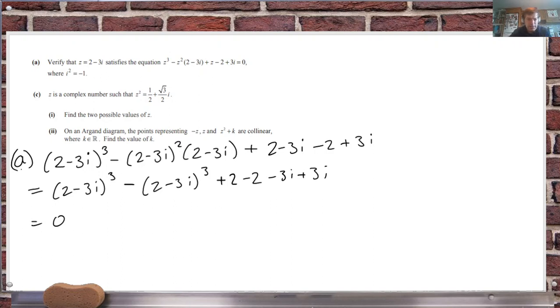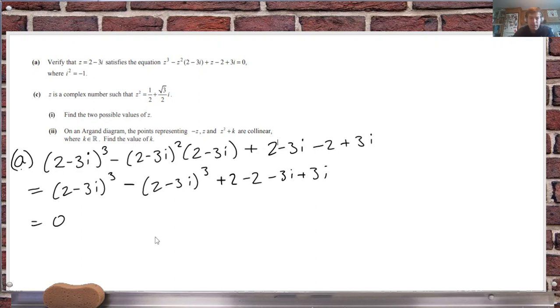Usually the complex number questions don't mix in other stuff. For this particular question, part B was a matrix question. Yeah, so that's why I cut it out. Okay, so that's fine. Okay, so part C then.